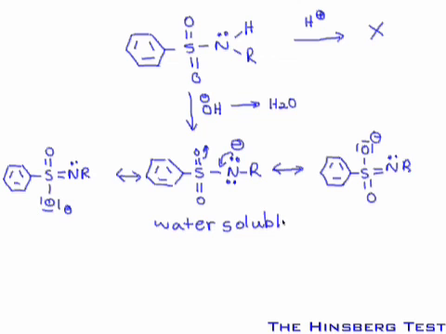So, if you like, when you throw an acid on the original benzene sulfonamide, you get no reaction. The equilibrium is shifted heavily to the left because the lone pair is tied up in resonance. They can't get protonated. This guy is water insoluble.